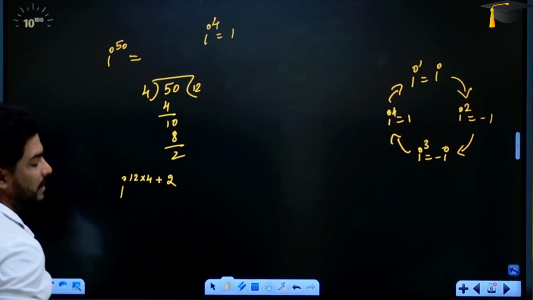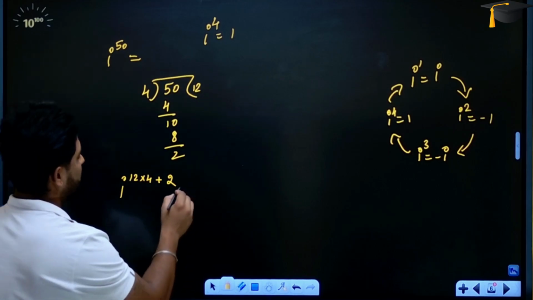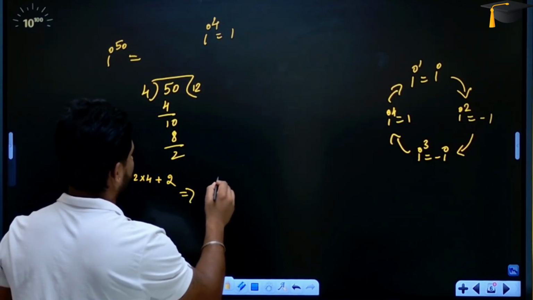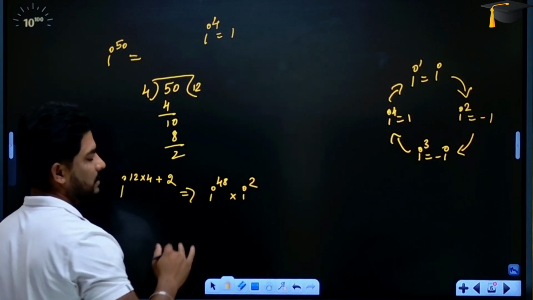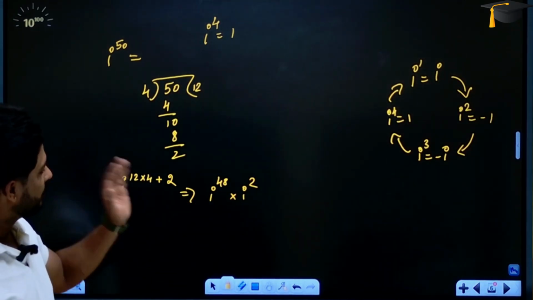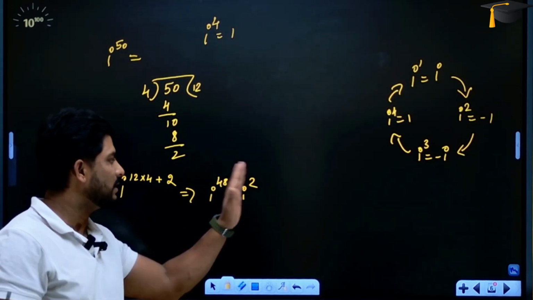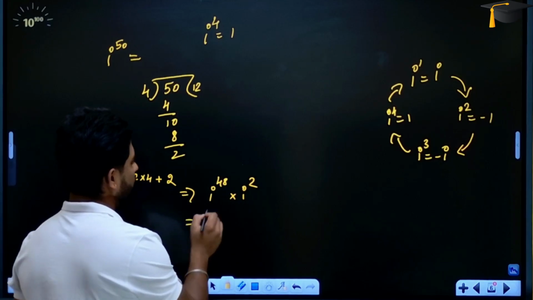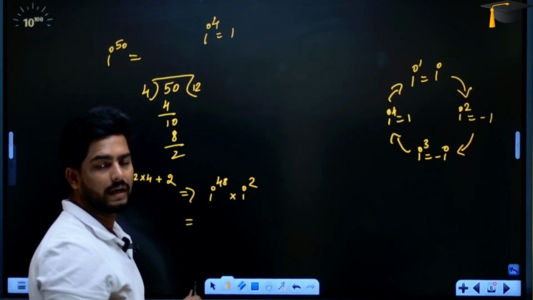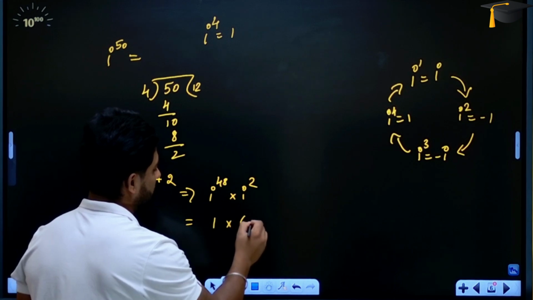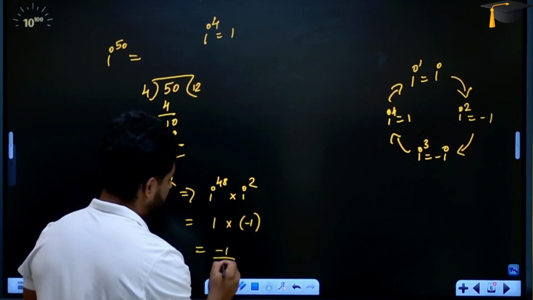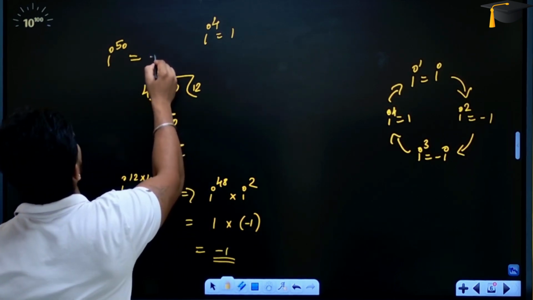It becomes i to the power 48 into i to the power 2. When the bases are same, we can add up the powers, and similarly we can split the powers like this. i to the power 48 we know, it's a multiple of 4, so its answer is 1, into i square, which is minus 1. So the value of i to the power 50 is minus 1.